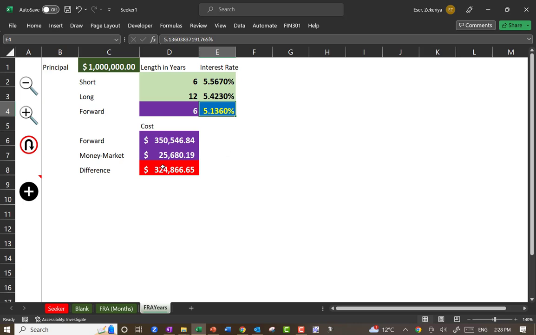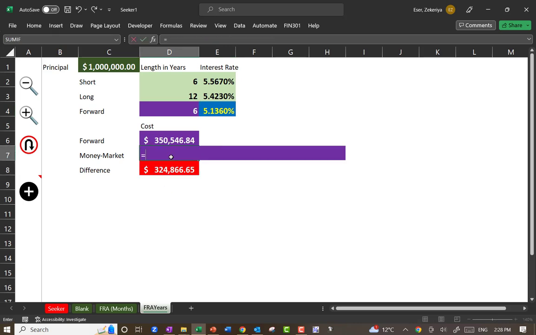Okay? We're going to do the same thing in the money market. First, I'm going to determine how much I need to borrow. Not 1 million, because I already have the 1 million here. Divide that by 1 plus the short interest rate raised to the power that number of years. That's how much I need to borrow, okay?